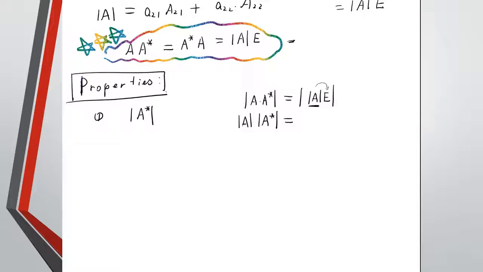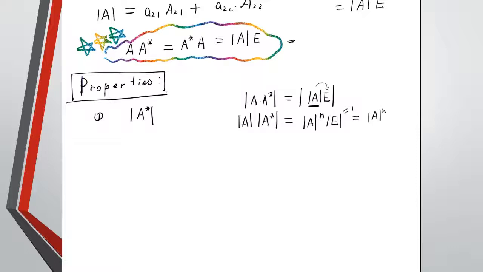So from the properties we discussed in the previous lecture, we understand that we have to extract the determinant of A out, but to the power of n. Yes. Okay. And we understand that the determinant of the E matrix is nothing but equals 1. Okay, so we have something that looks like this.